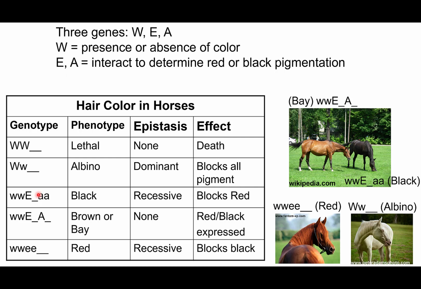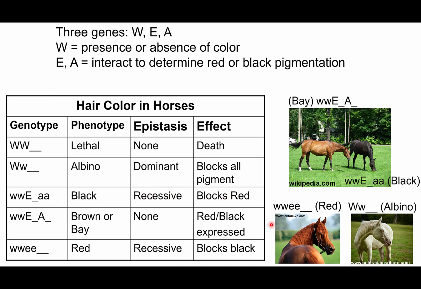So if we have a homozygous recessive for the A, we will be black, as long as we have a single dominant copy of the E. So we say that the A is recessive epistatic.